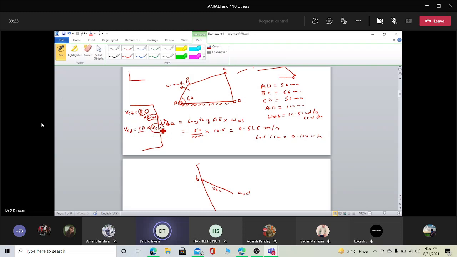But I can use the second information, that is the direction. I know that the direction of the velocity of C with respect to D will be perpendicular to CD. When it is perpendicular at C, it will be perpendicular to each and every point on this link right up to the point D. Am I right? Yes, sir.